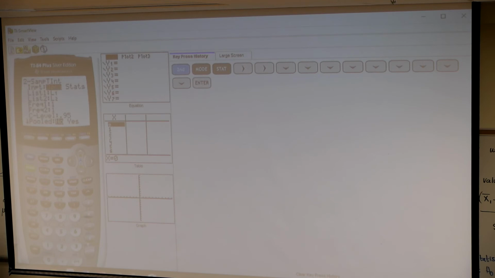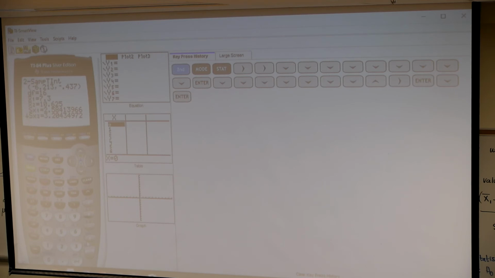I've entered the data in list 1 and list 2. You can ignore the freq part. The confidence level is 0.95, and we pull. And that's what we get.